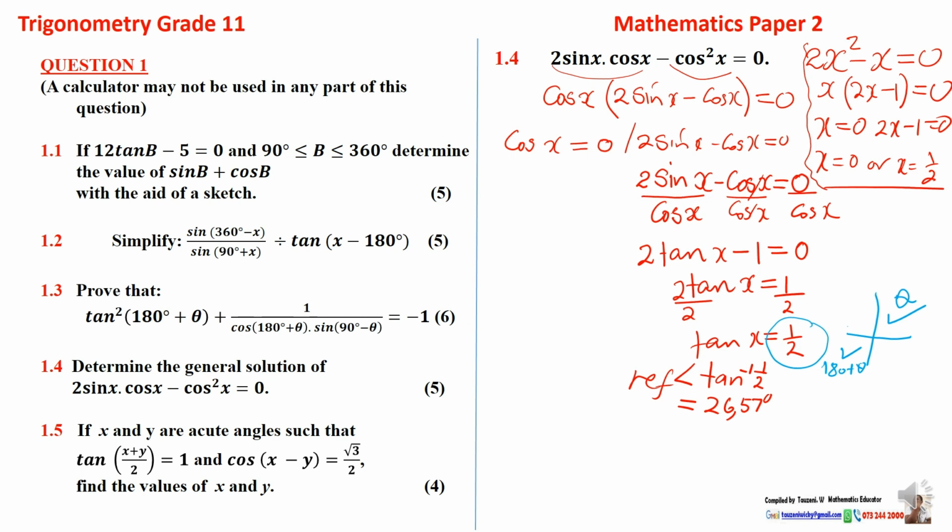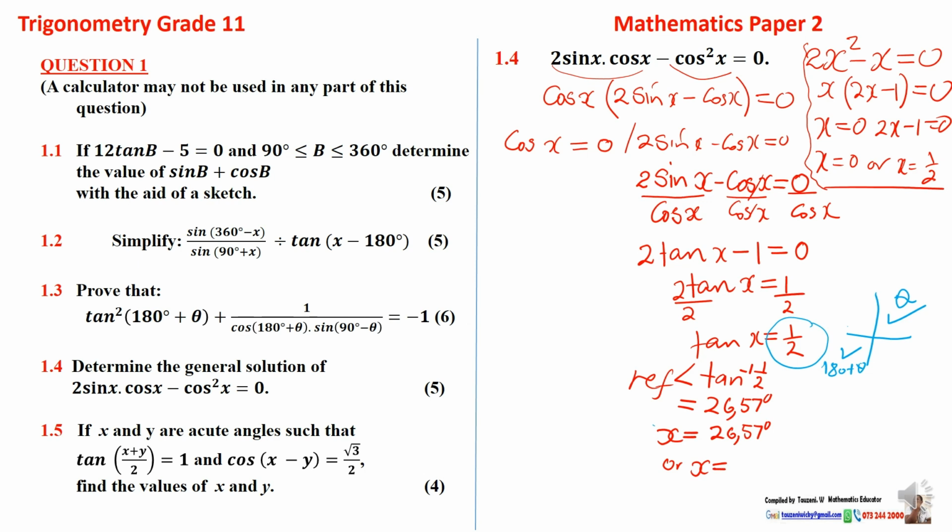So the value of x is equal to theta. In quadrant 1, the angle is theta, so x is equal to theta. In place of theta, you put the reference angle. So x is equal to 26.57 degrees. The next solution is in the third quadrant, where tan is positive.